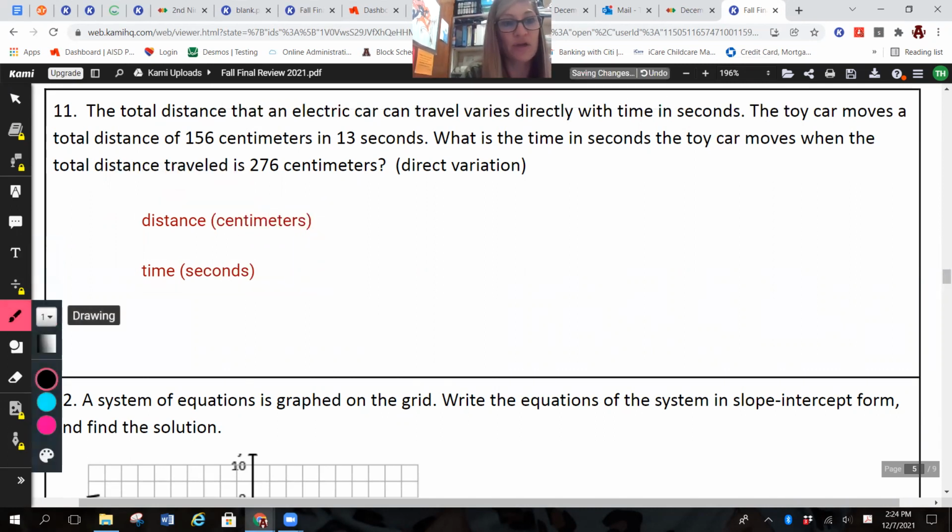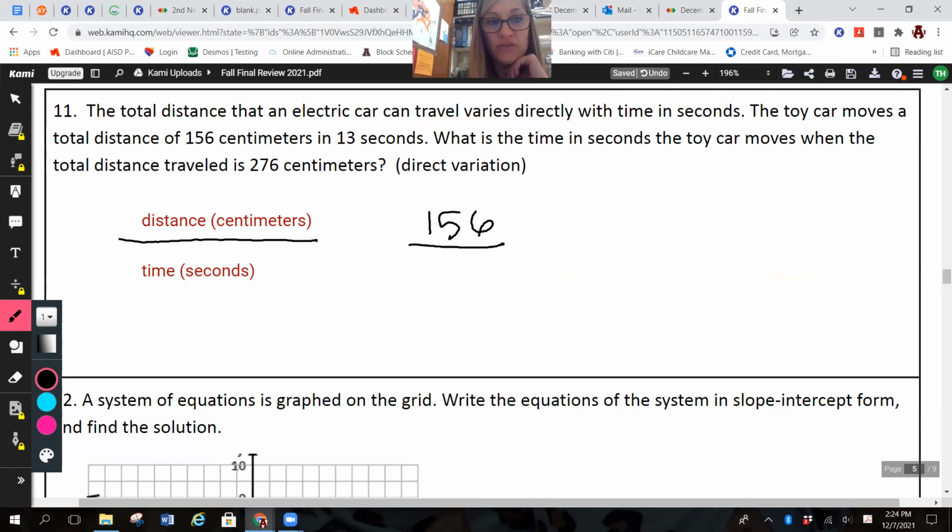When it's varying directly, it's a fraction. The toy car moves a total distance of 156 centimeters in 13 seconds, so 156 would be on the top and 13 seconds would be on the bottom. What is the time in seconds? I don't know. That the toy car moves when you travel 276 centimeters.